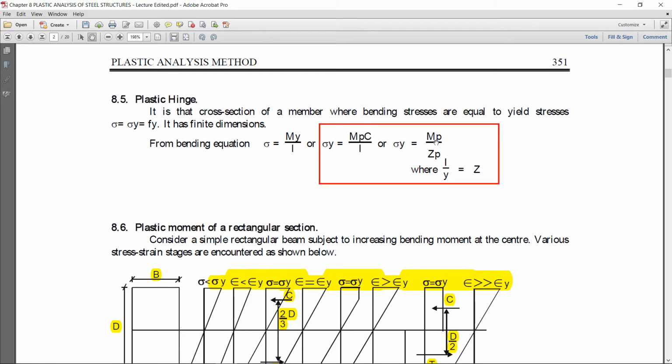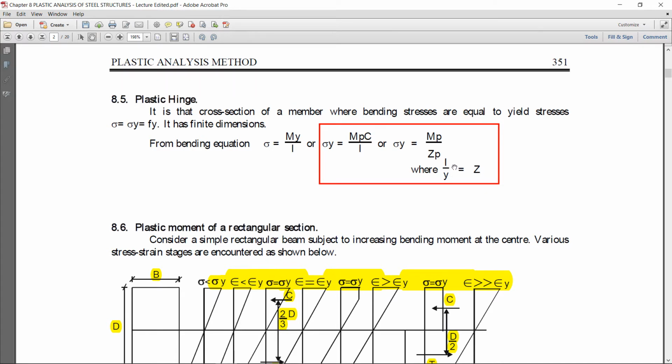Here, Mp over Zp is equal to sigma y, where I over y is Z, the section modulus. Z with subscript p is written because it is plastic.